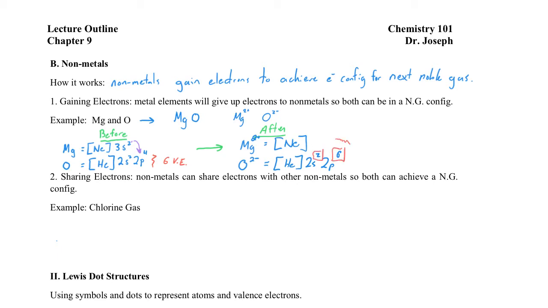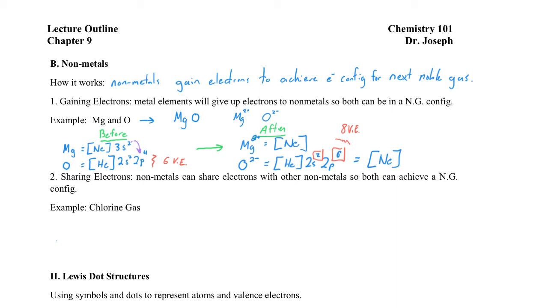Notice this adds up to 8 valence electrons. If we look at what element that is, it's the next noble gas, which is neon. By doing this transfer of electrons, we've killed 2 birds with 1 stone. We've given magnesium and oxygen both the configuration of the noble gas they are closest to. So magnesium loses electrons, oxygen gains them.